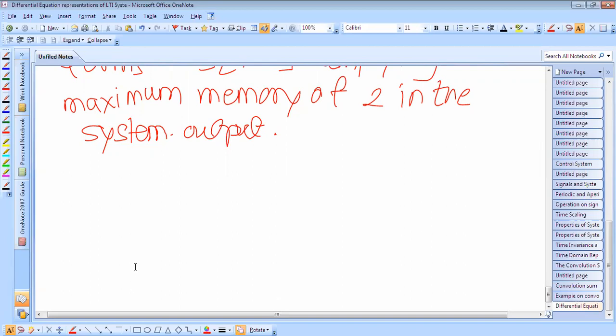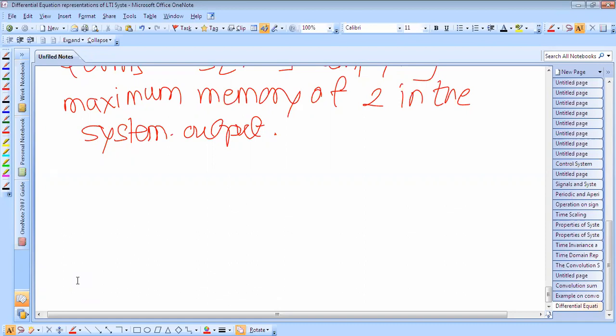Okay, so the memory in a discrete time system is analogous to the energy storage in a continuous time system. We have considered above an RLC circuit, and in the RLC circuit the energy storage devices are the inductor and capacitor. So the memory in a discrete time system is analogous to the energy storage device in the continuous time system. We have just seen the maximum memory of 2 in the system, and if it is a physical electrical system, that means there are 2 energy storage devices in the continuous system.